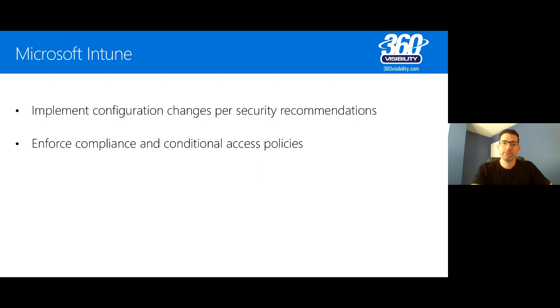So now let's say you want to have a positive change, and you want to enforce how people connect or what state of devices you want them to be in, that's where Intune comes in. I'll give you a small example. Let's say most of the people are working from home. Some do have work computers, but what about users that have just personal computers?